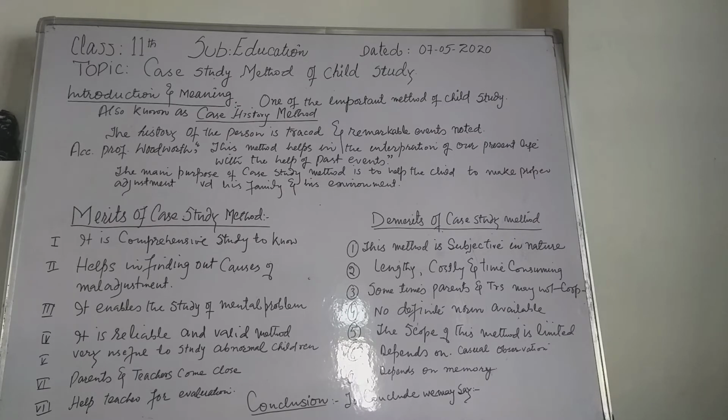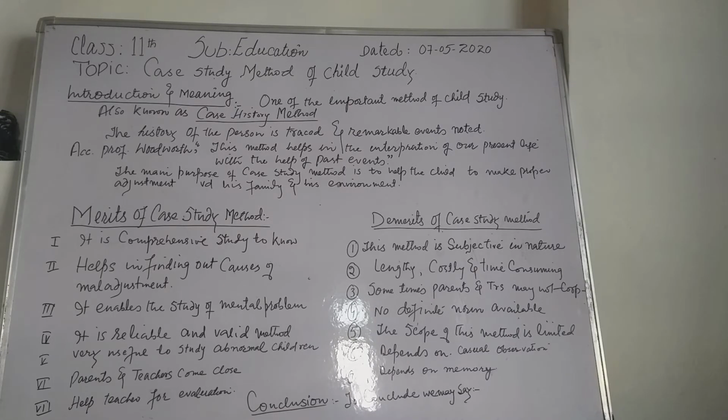In fact, we apply this method on those children who face mental disorder or sickness or some behavioral disturbance. This method is used to reconstruct the development history of an individual for the purpose of determining conditions influencing his behavior.